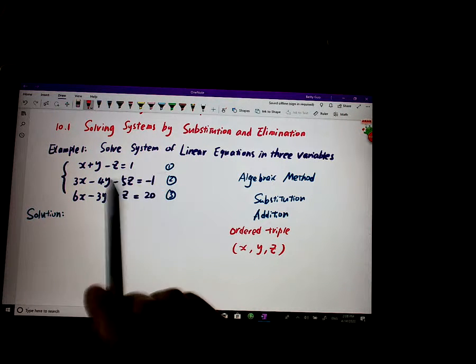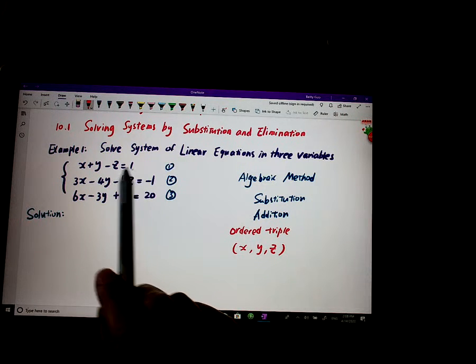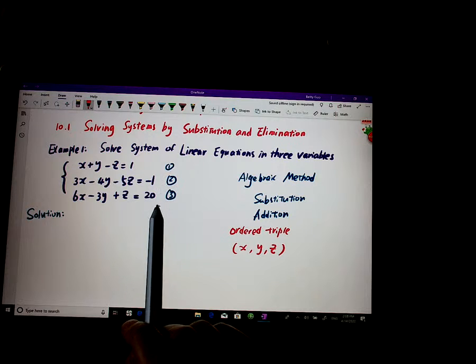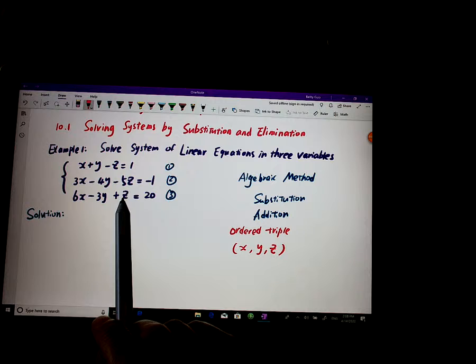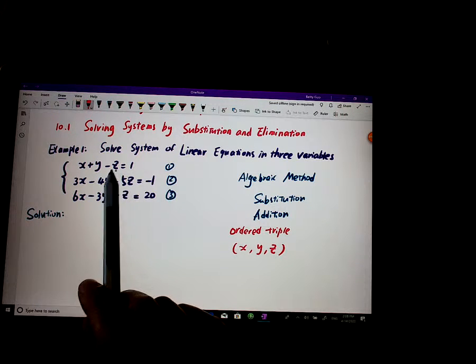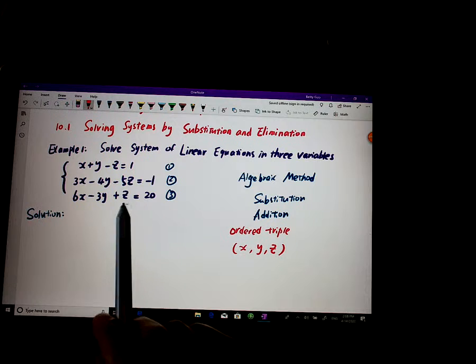When I look at the three equations, I notice in equation 1 and equation 3, variable z has opposite coefficients. In equation 1, the coefficient of z is -1. In equation 3, the coefficient of z is +1.